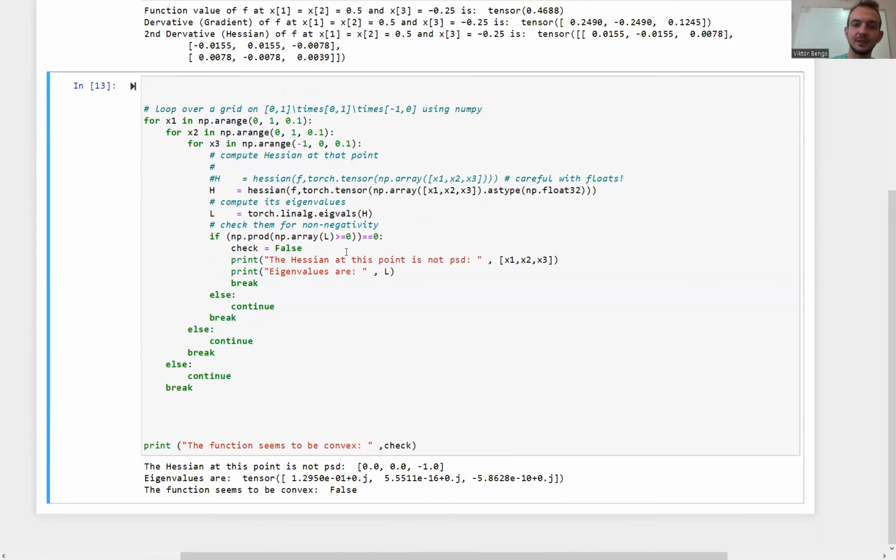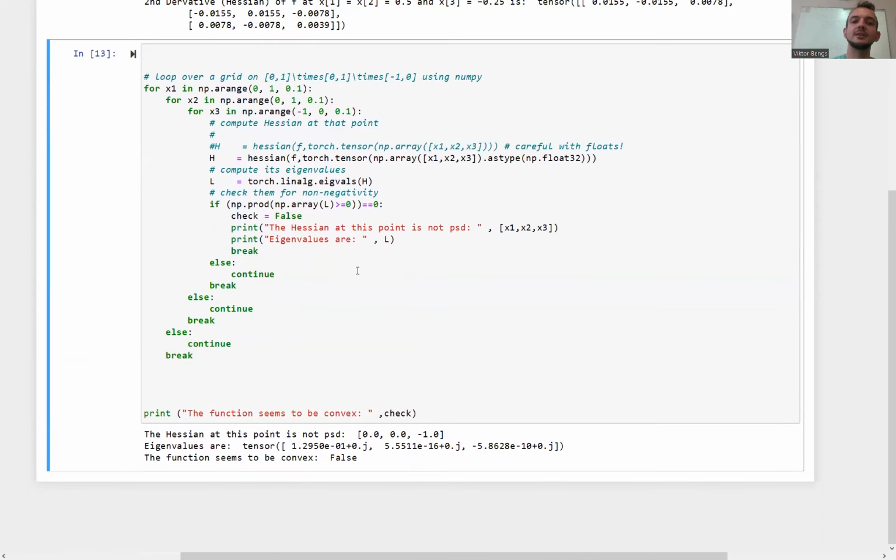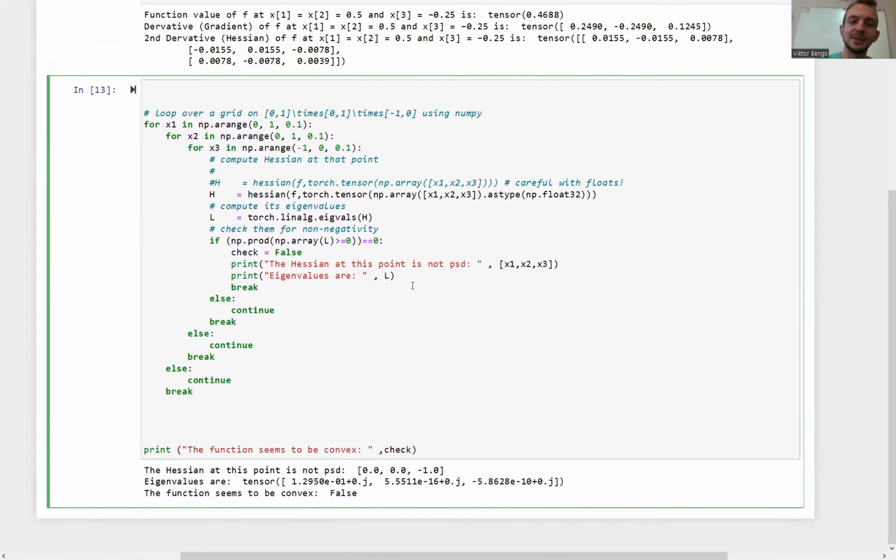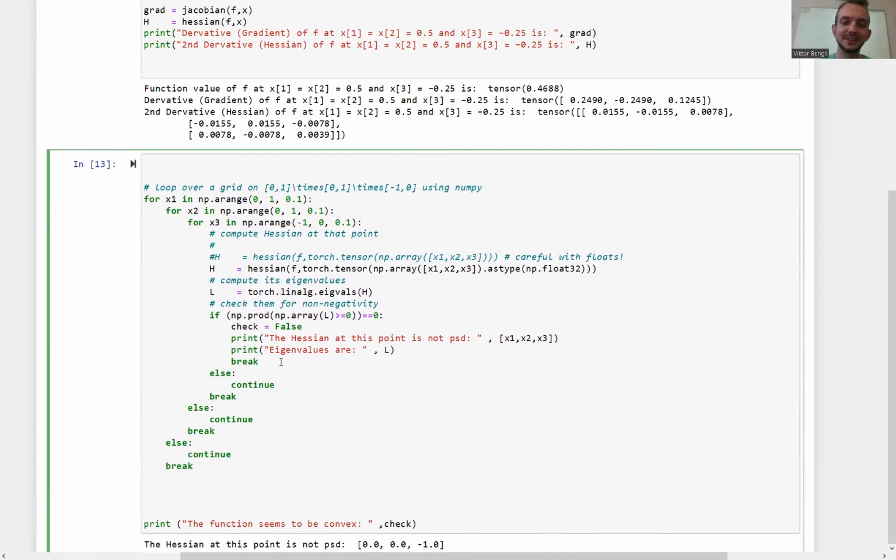But in fact, if you break the entire nested loop at the first point, which you can do in this way, of course, there are also more clever variants, I guess, but this was quick and dirty.